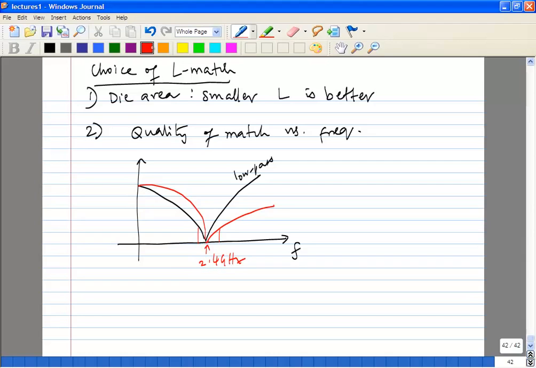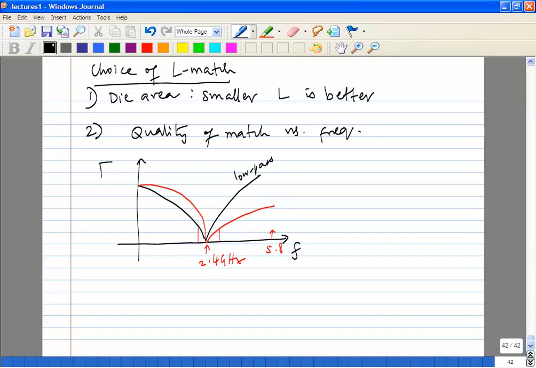But you may also be worried about, for example, the second harmonic, 5.8. You want to make sure you're not transmitting at 5.8 because 5.8 may be close to some other band, somebody else might be using it. In which case, you try to do a low pass match, which will give you better matching at higher frequencies. That is the other consideration.